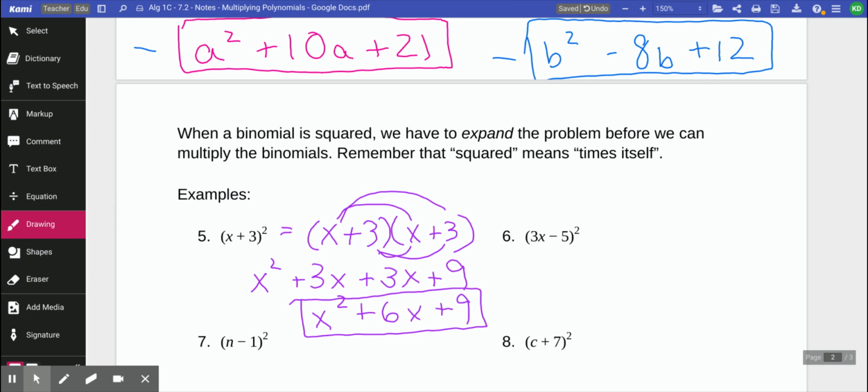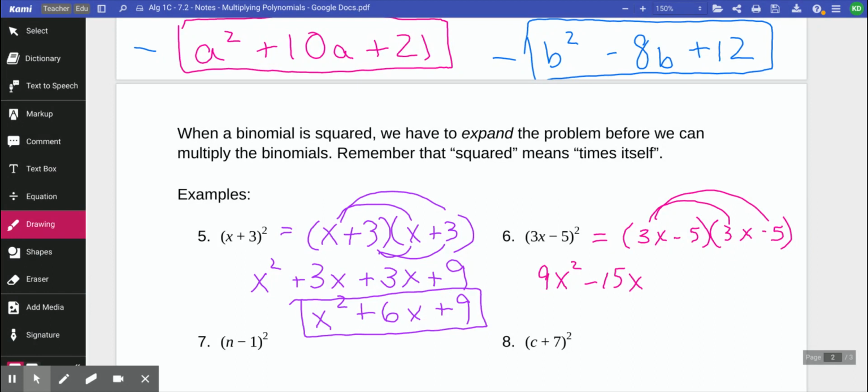Okay. 3x minus 5, quantity squared. So again, expand it to 3x minus 5 times itself. And we're going to double distribute. So 3x times 3x. 3 times 3 is 9. X times x is x squared. 3x times negative 5 is negative 15x.